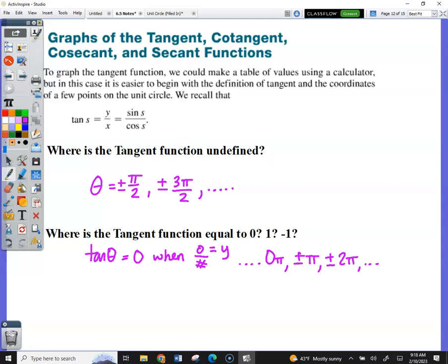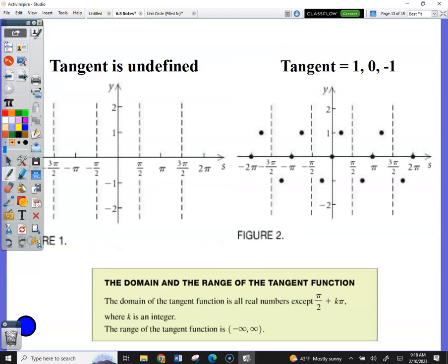All right, wrapping it up, go to the next slide. This is just letting you see, when you've got the domain and the range, where tangent is not as convenient as sine and cosine because you do have these asymptotes here.